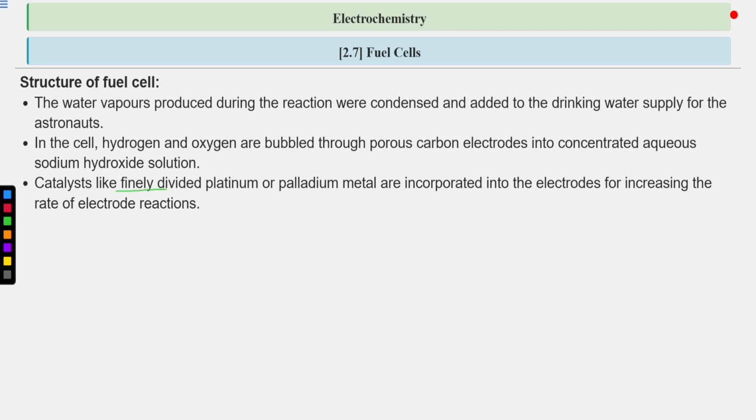Catalysts like finely divided platinum or palladium metal are incorporated into the electrodes for increasing the rate of the electrode reactions. So we also use a catalyst in these types of fuel cells because the rate of the fuel cell is very important, since fuel cells are used for production of electricity on a large scale in thermal plants, and also in spaceship programs like Apollo.